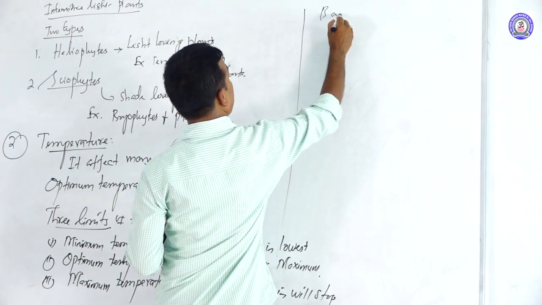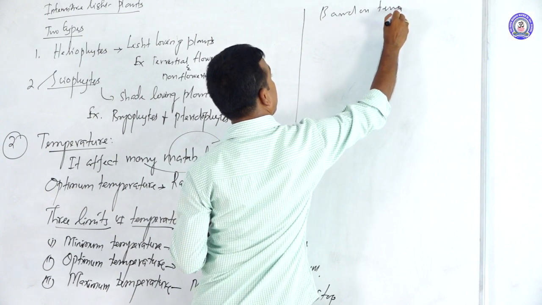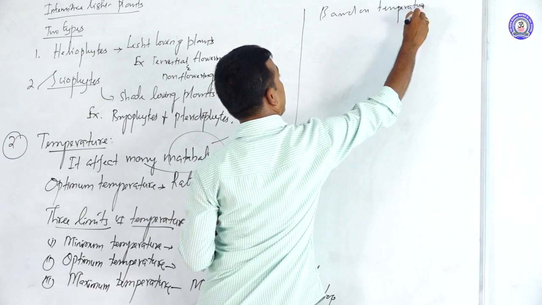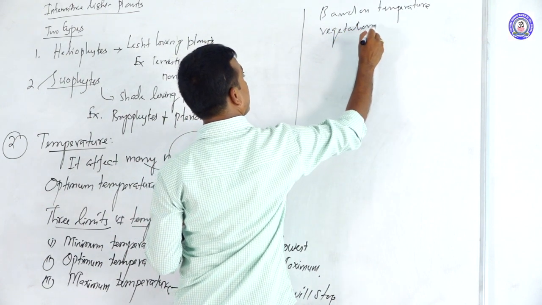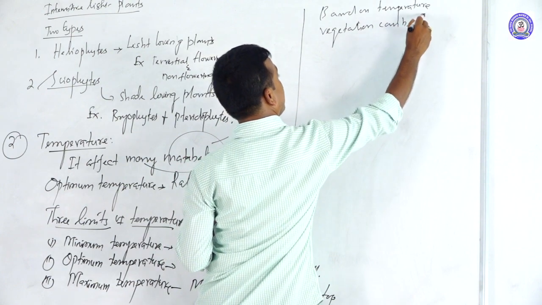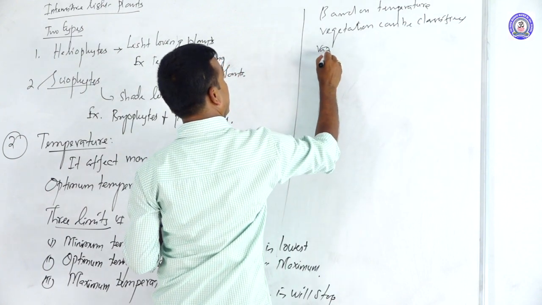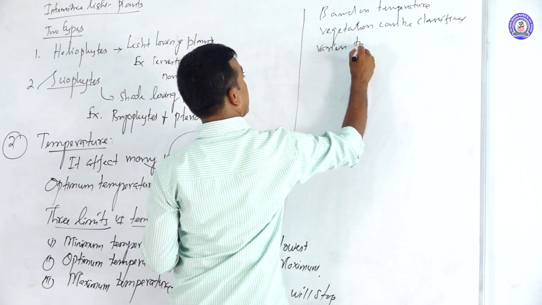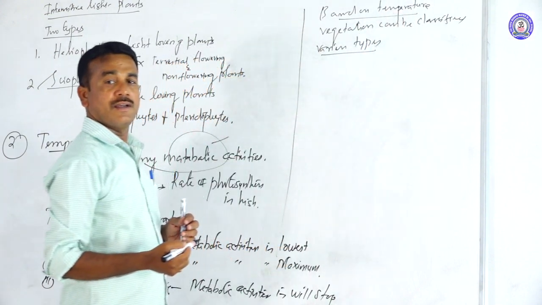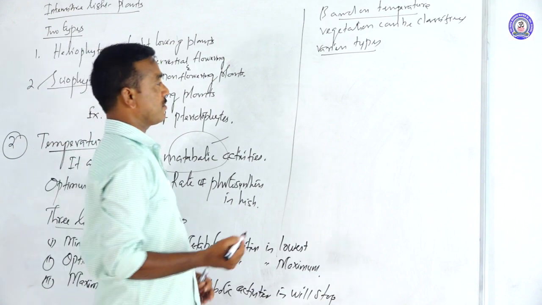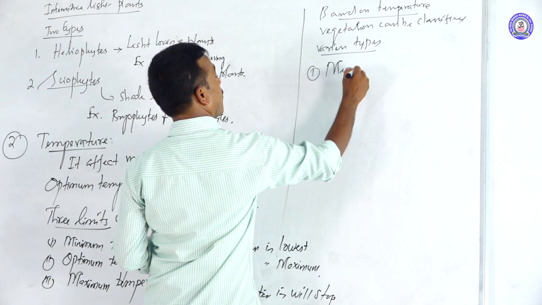Based on temperature, vegetation can be classified into various types. First of all, megatherms.